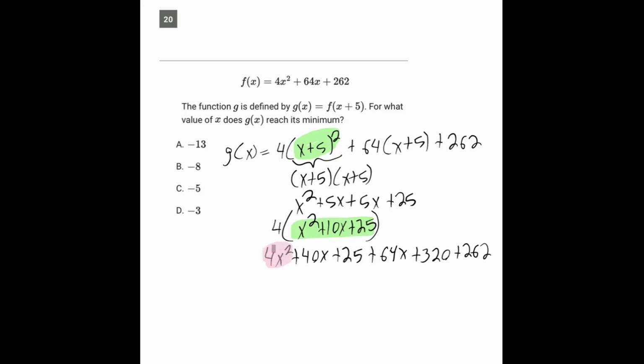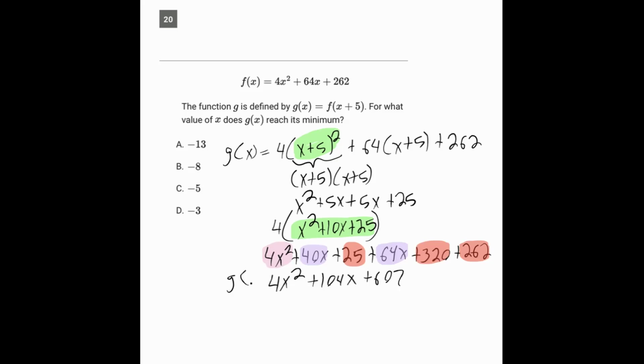So 4x squared, there's nothing that really goes with that, so we'll bring that down. 4x squared. Then we have 40x and 64x. Well, that's 104x. Last but not least, we have 25 plus 320 plus 262. And those add to 607.